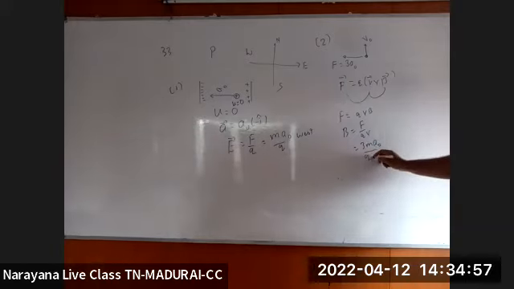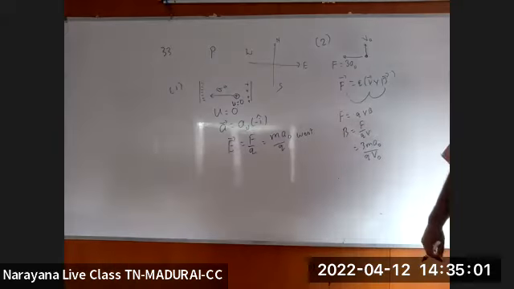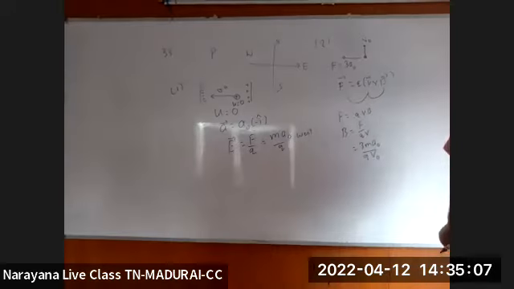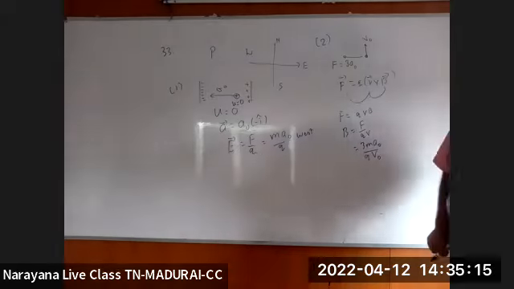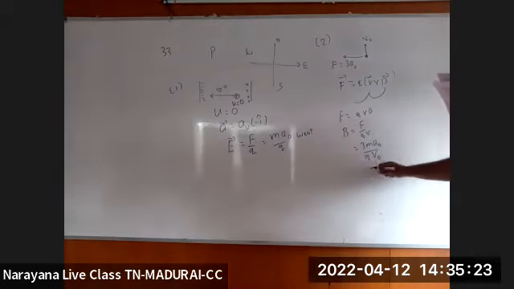Q into V naught. Yes or no? So which is the right option? Three is not there, no? But we have to get the answer 3.